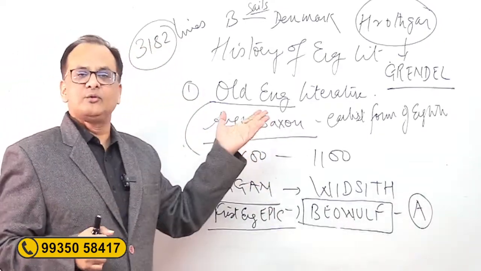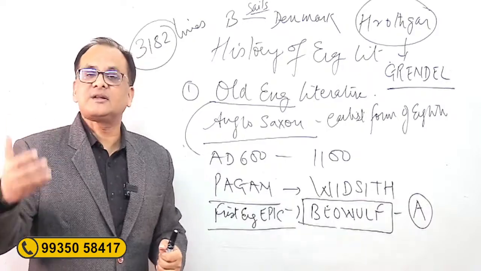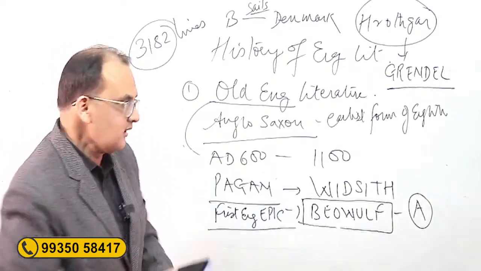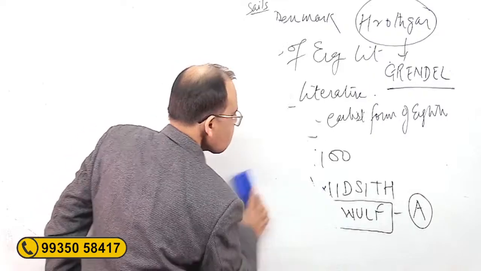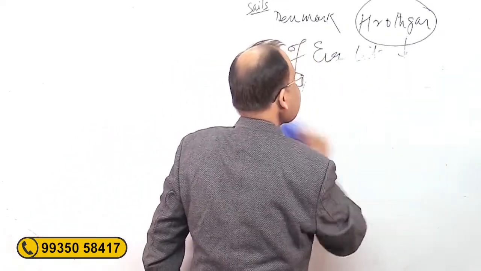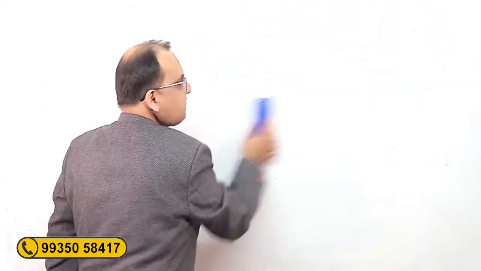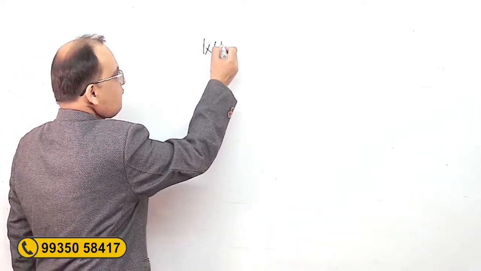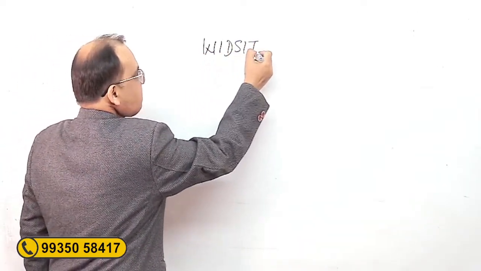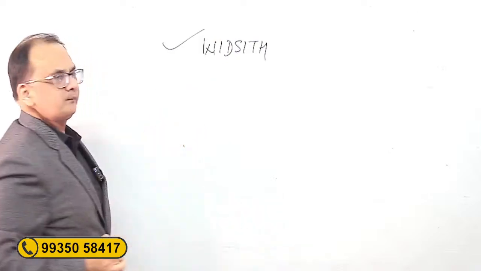And besides Beowulf, there are many other Old English poems. If we remove Beowulf, there were many other poems also. For example, I have told you about Widsith. Again, I would write here Widsith.